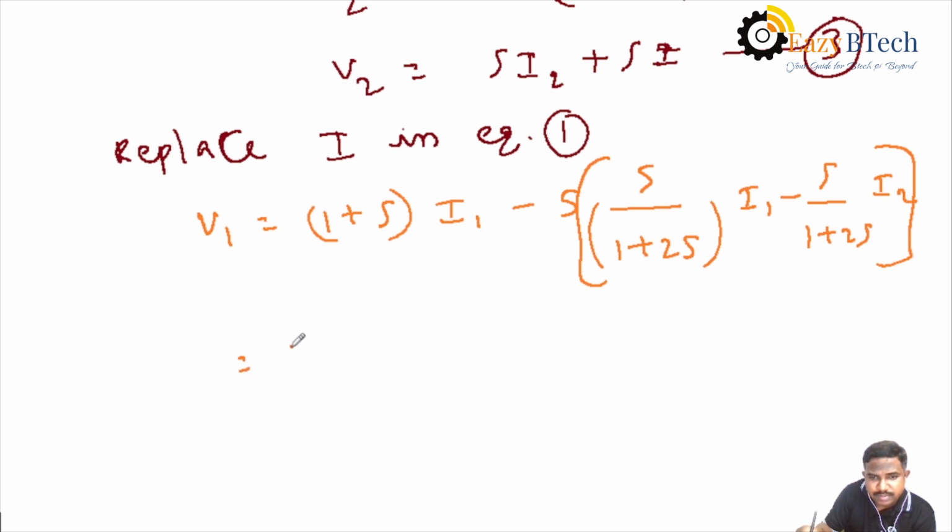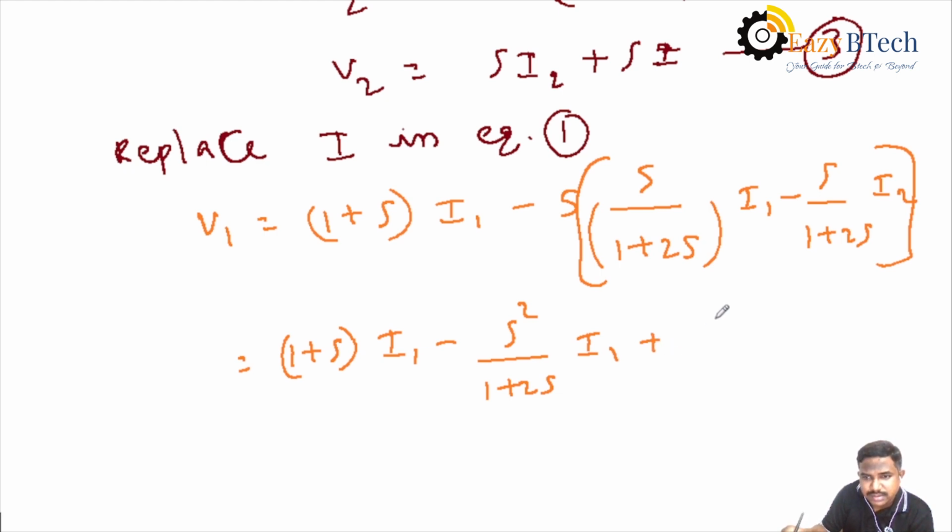Then simplify the equation: (1 plus S) into I1, then minus S squared by (1 plus 2S) into I1, plus S squared by (1 plus 2S) into I2.